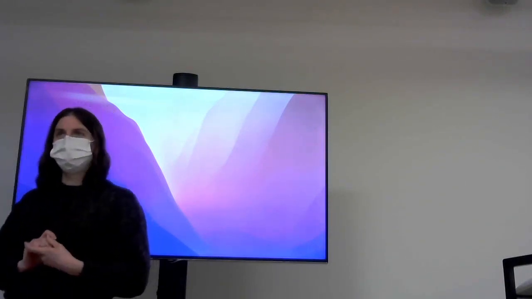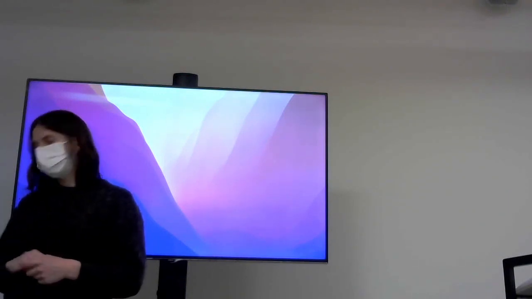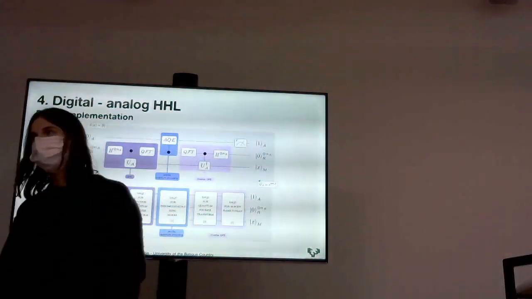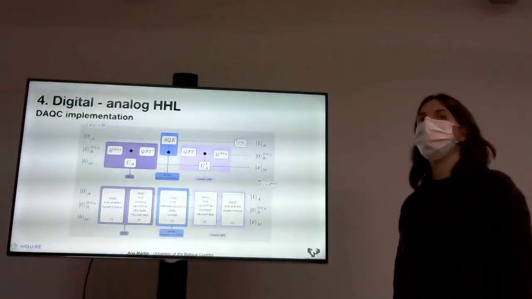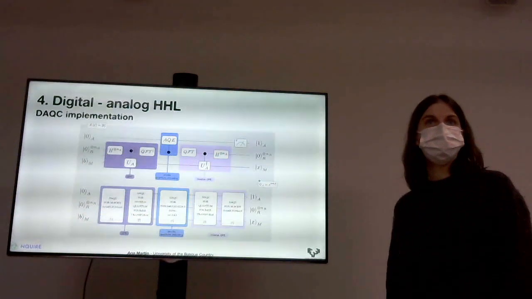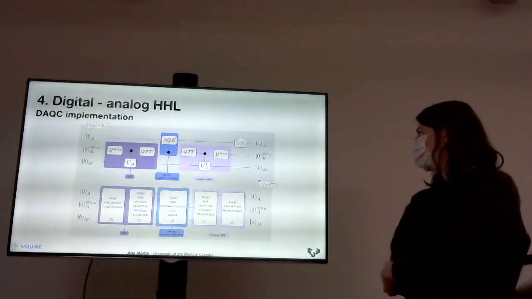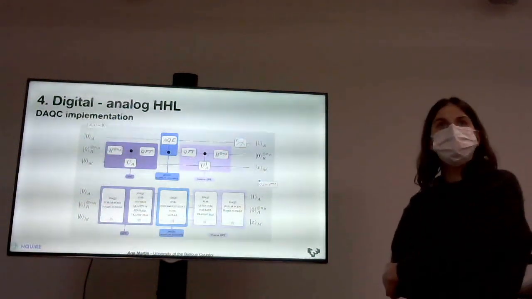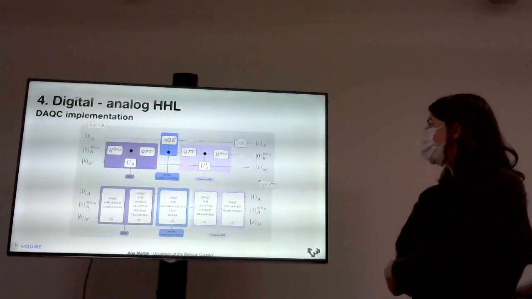Okay. More comments? I have one comment about the HHL slide where you compare the digital approach and the digital-analog. This one? Yeah, because I think for someone that is used to working with circuits and so on, it might be strange to have blocks also acting on the first qubit.